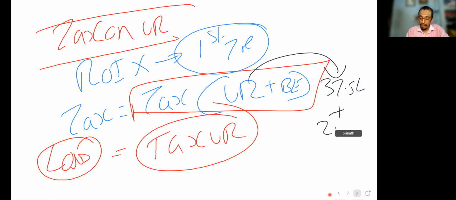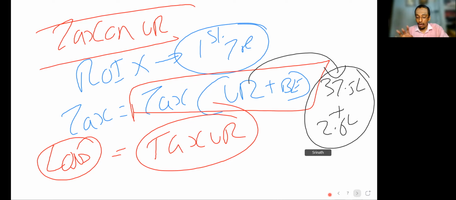To that add the basic exemption and on 40 lakhs compute the taxes. For an individual, you will go by slab rates on 40 lakhs. Whatever is the tax, that would be considered as tax on under reporting of income.